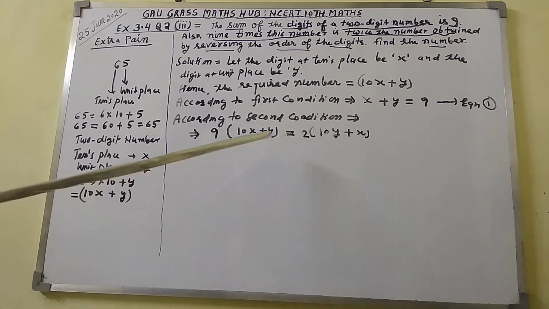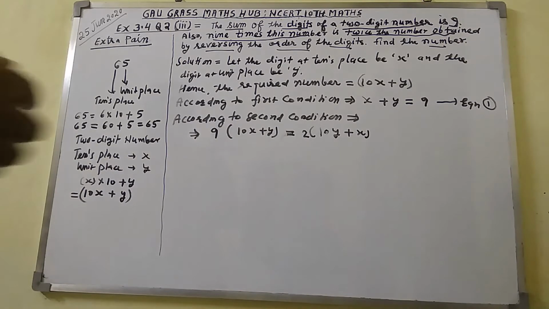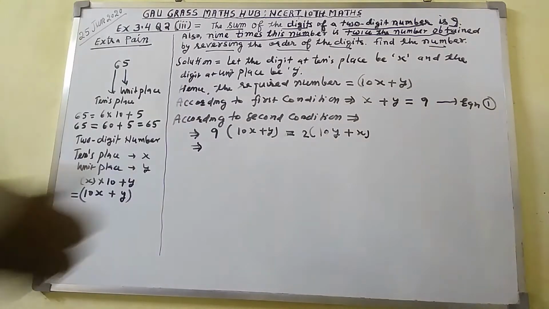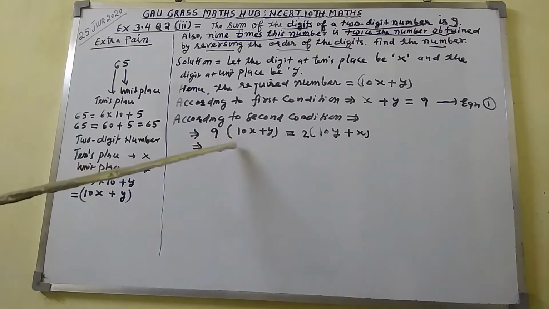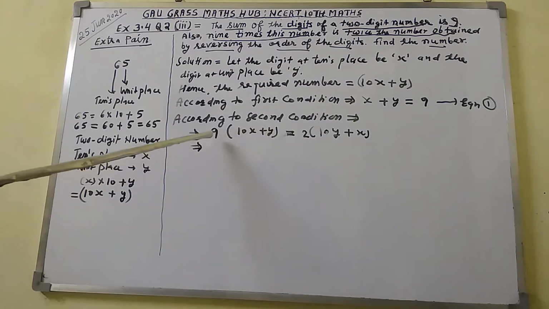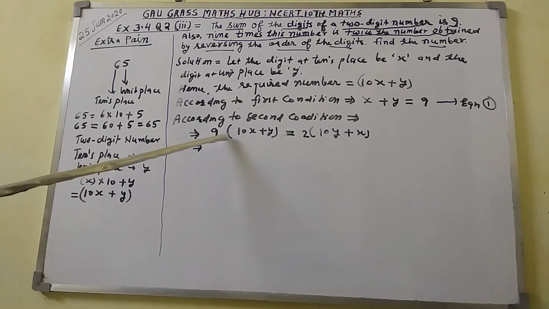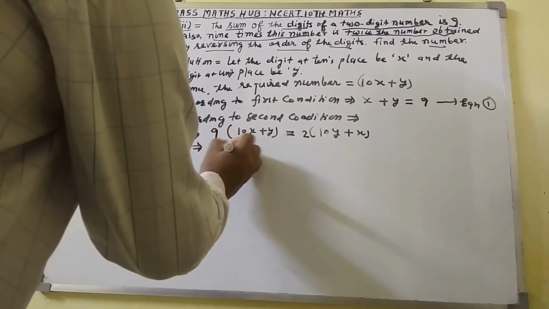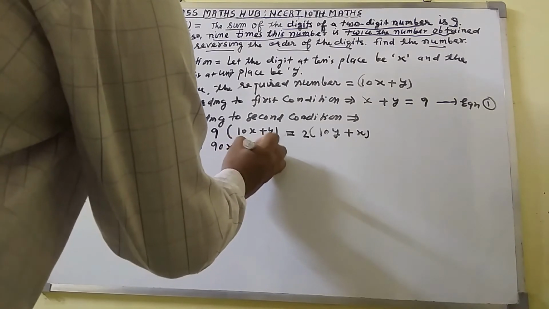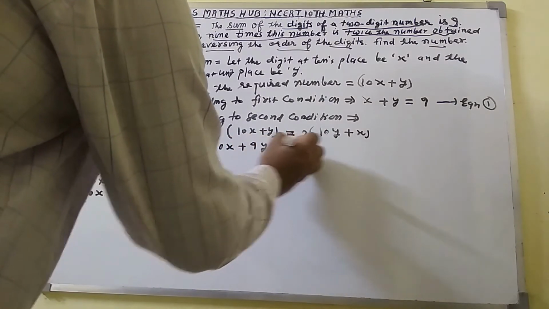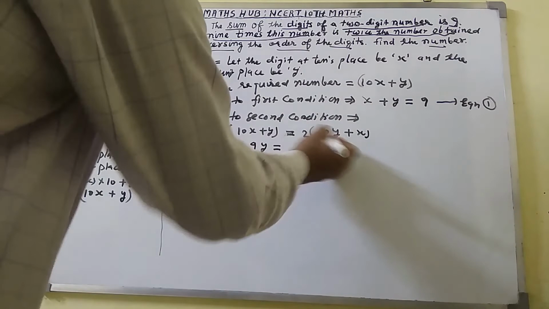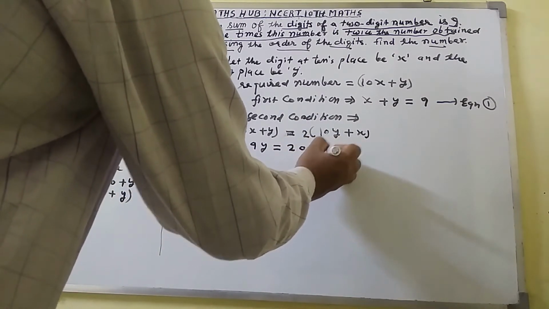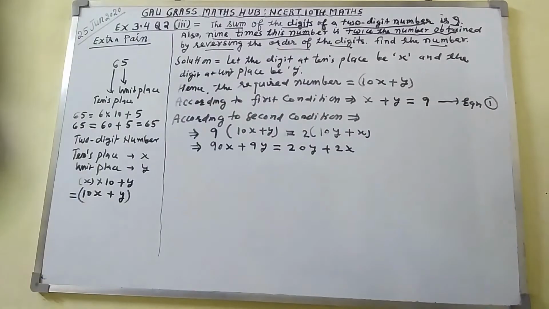Or twice is this number. Now do the operation further. Here you can say bracket there. When bracket will be broken, 9 will get enter inside. So this will become 90x plus 9y equal to, here also it will become 20y plus 2x.